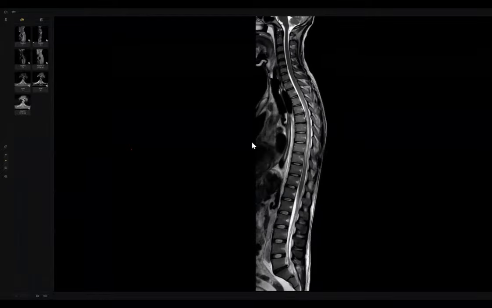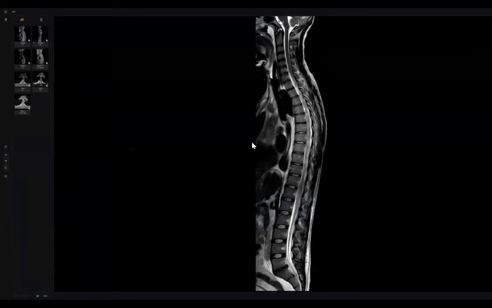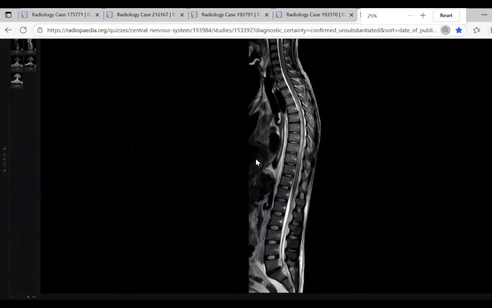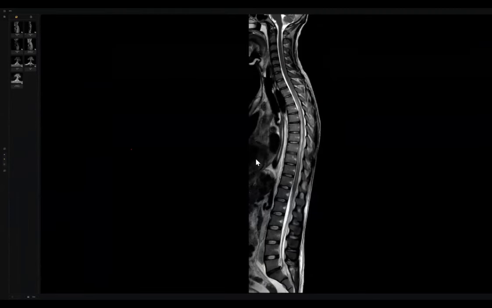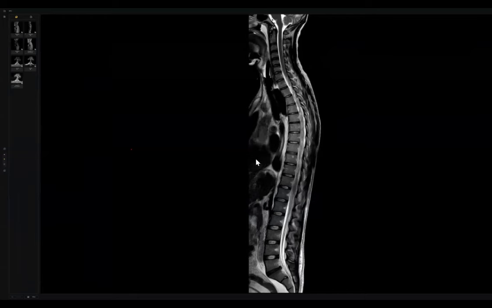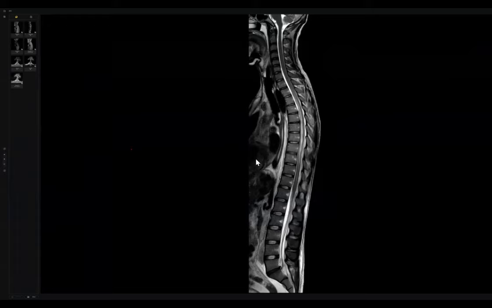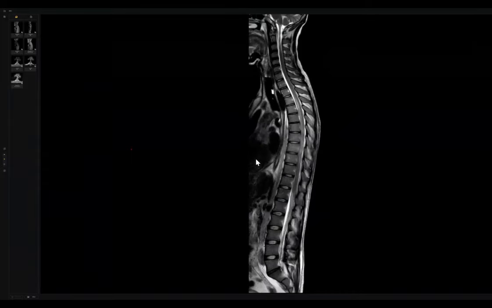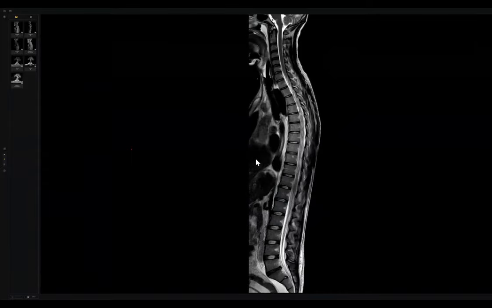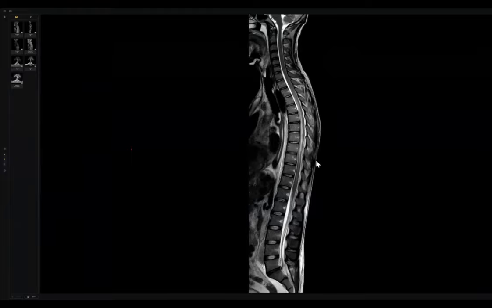I can see a long area of intramedullary abnormal signal involving the thoracic and upper lumbar spine. I would like to check axial T2.